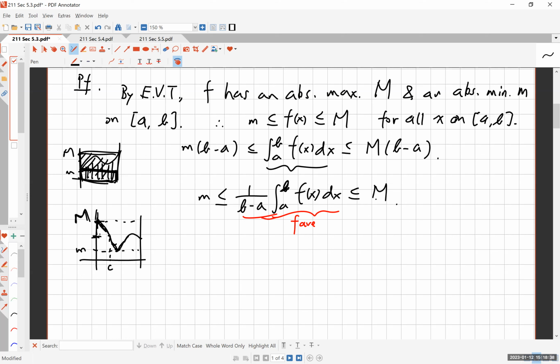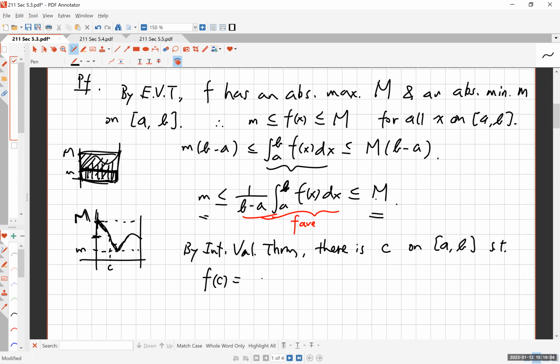So let's use that to state that by the intermediate value theorem, there is at least one c on [a, b] such that f of c is this intermediate value between lowercase m and capital M. And that's it.